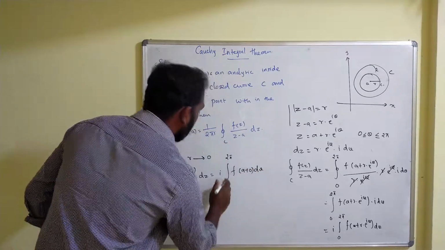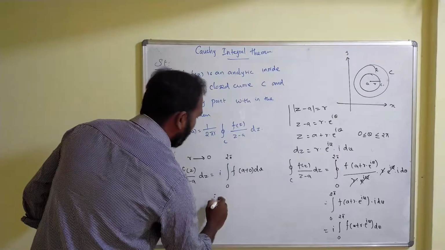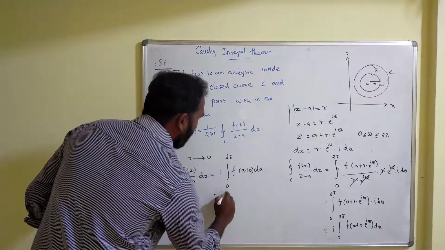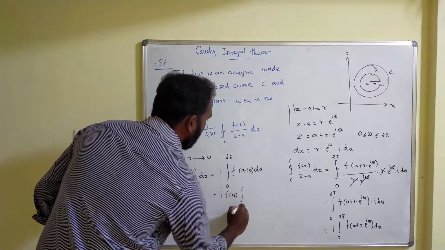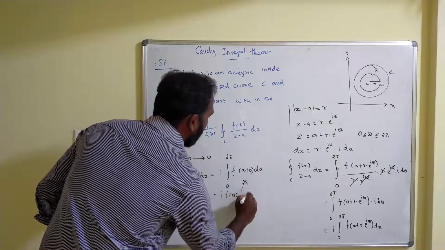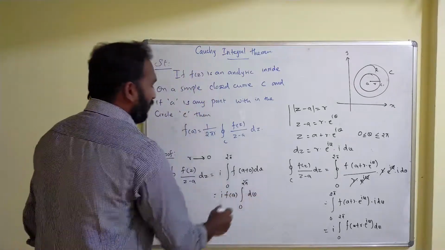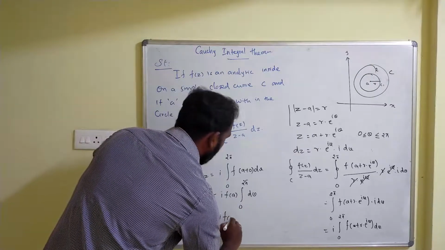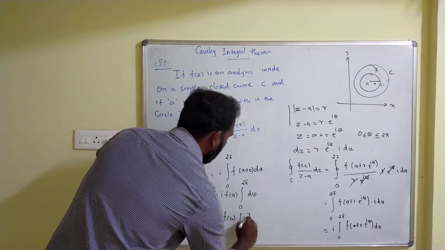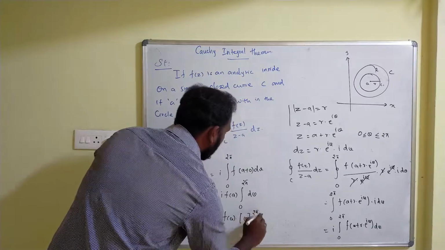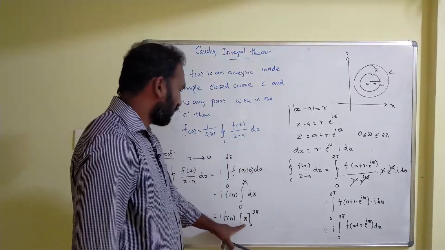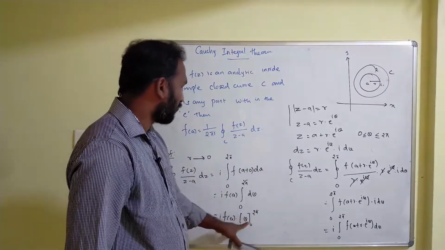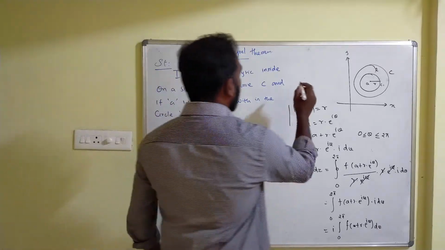Now integrate here, f of a is a constant value, we can take it out: i into f of a integral 0 to 2 pi into d theta. If you integrate this, you will get i into f of a into theta, the limit varies from 0 to 2 pi. If you substitute 0, this term will become 0. If you substitute 2 pi, you will get 2 pi.